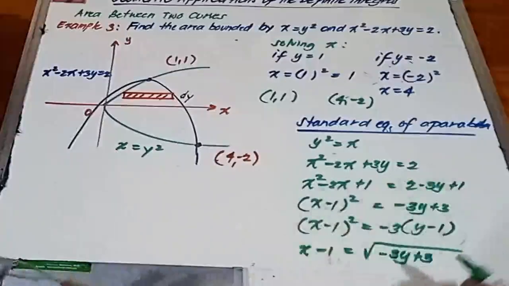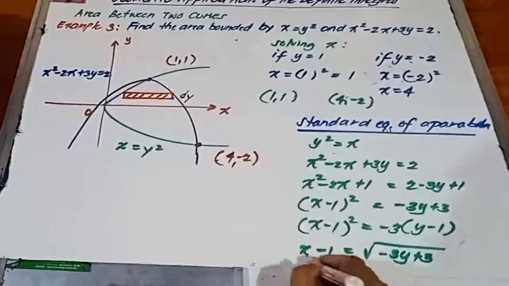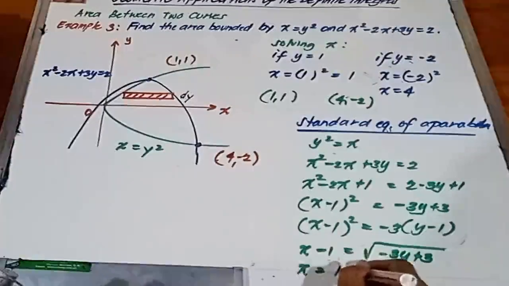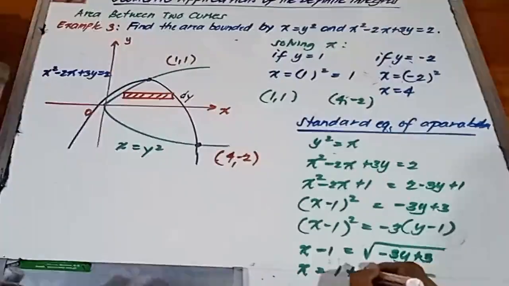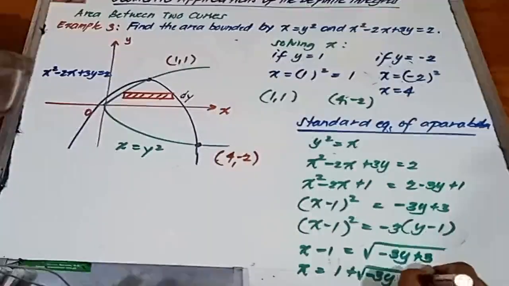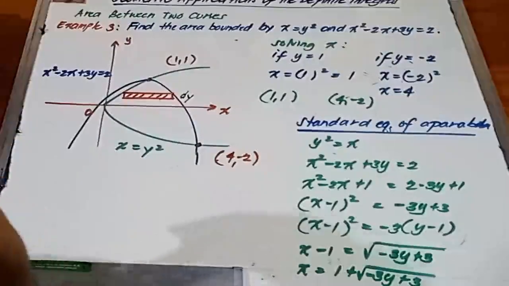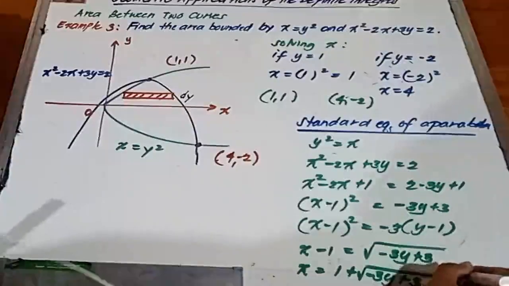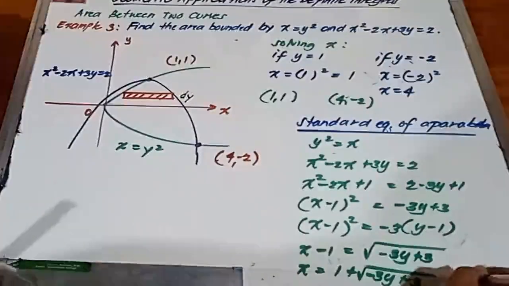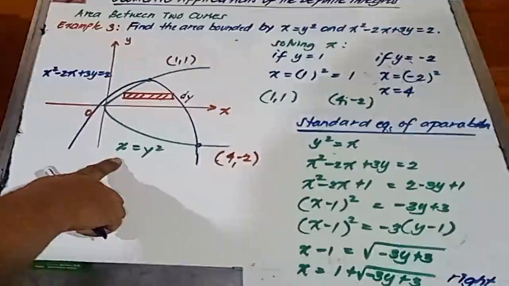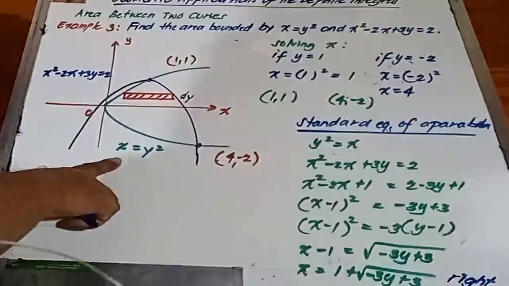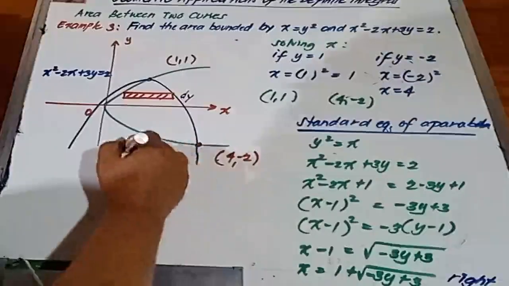Then, ilipat natin yung 1. So, that is x equals 1 plus square root of negative 3y plus 3. Okay? So, yun yung ating x to the right. Para kay x to the left, wala nang problema. Ito na yun. Okay? Ito yung left.